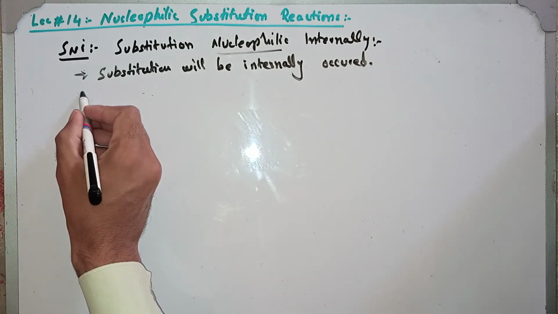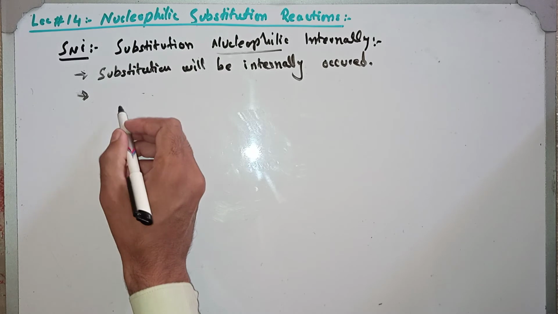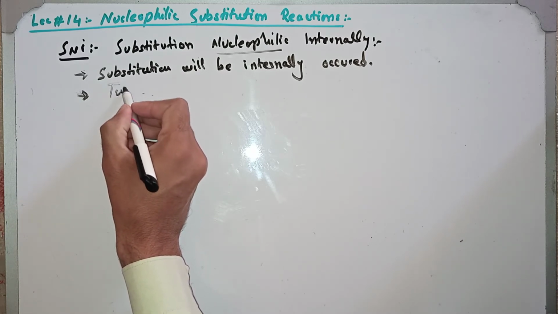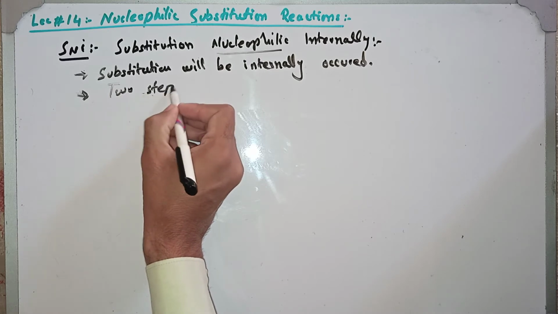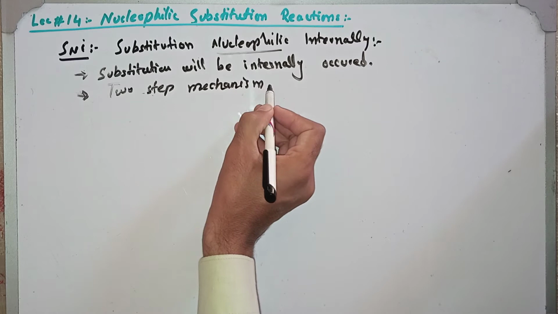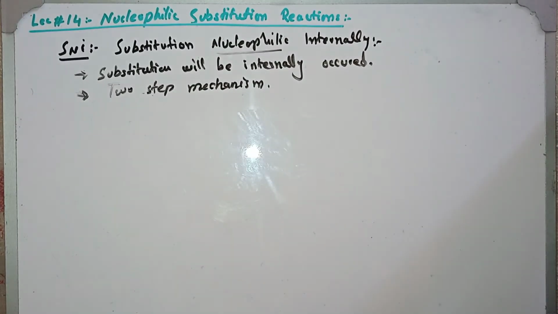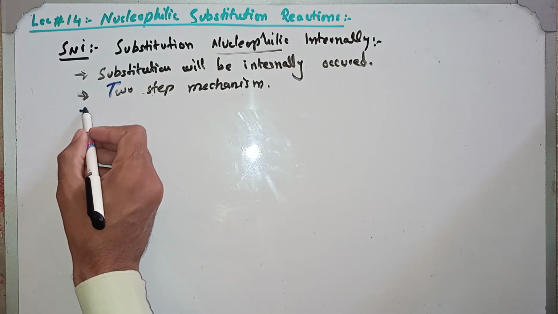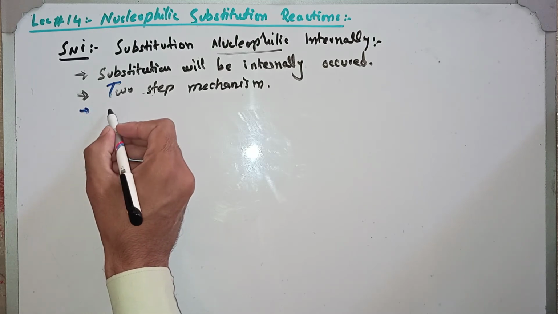The SNi reaction, the internal substitution reaction, is also a two-step mechanism. In the first step, an intimate ion pair will be produced.